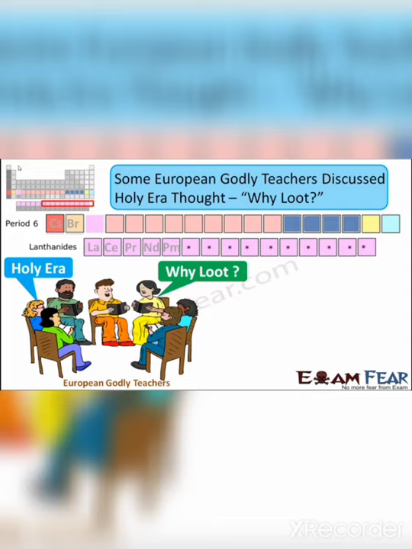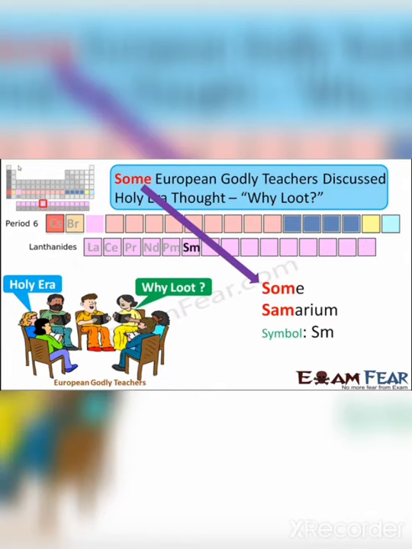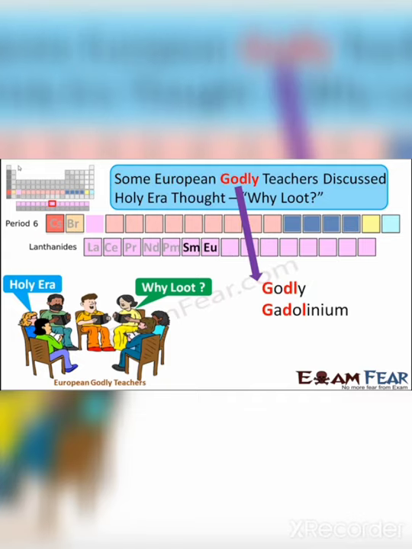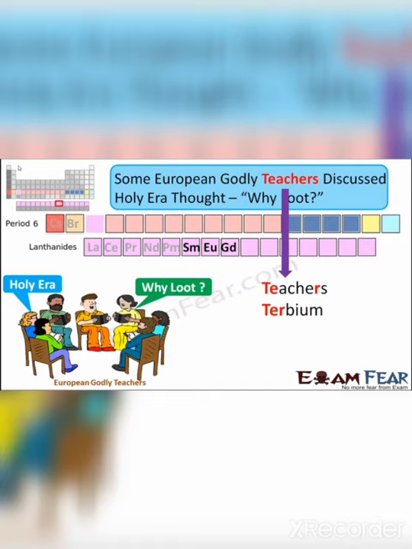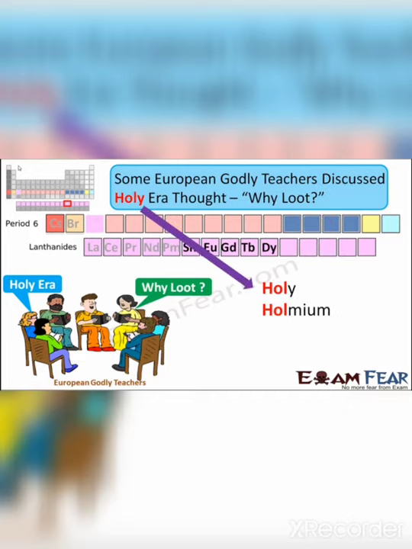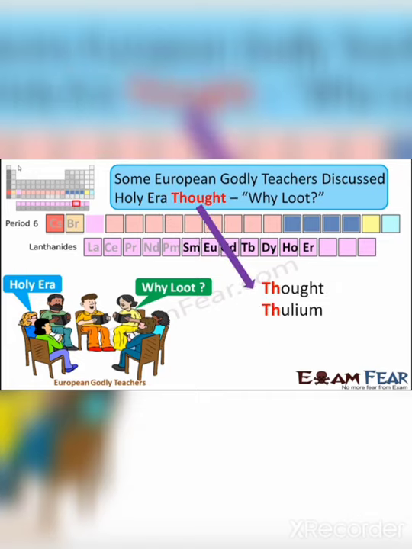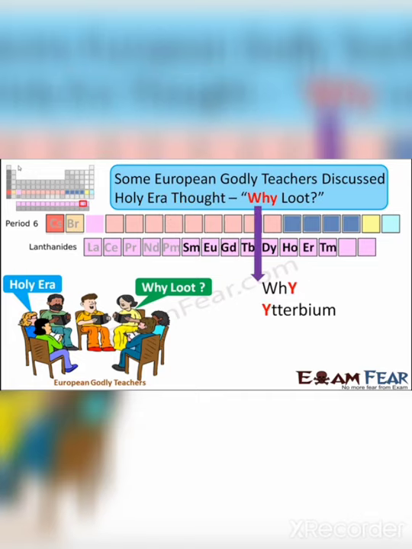So the memory tip here is: Some European godly teachers discussed holy era thought, why loot? So here Some reminds of samarium with symbol Sm, European reminds of europium, godly for gadolinium, teachers for terbium, discussed for dysprosium, holy for holmium, era for erbium, thought for thulium, Y for ytterbium with symbol Yb, and loot for lutetium.